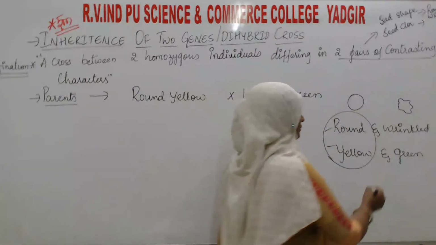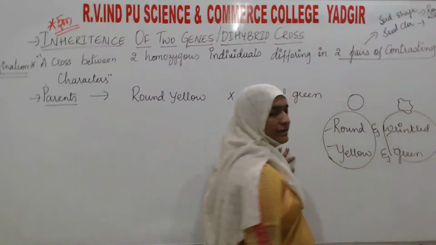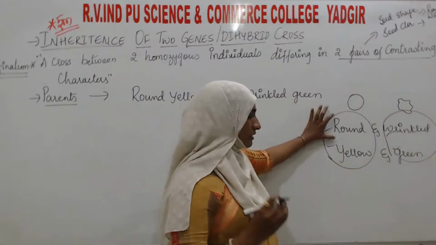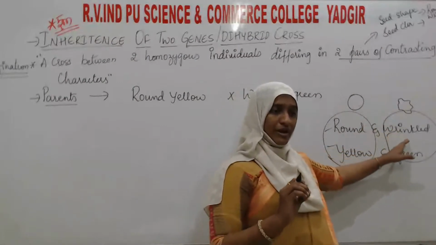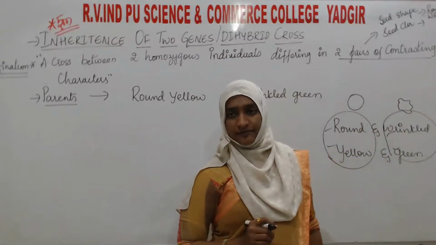In parent 2, these two are the characters. Parent 1 has a seed that is round and yellow in color, and parent 2 has a seed that is wrinkled and green in color.